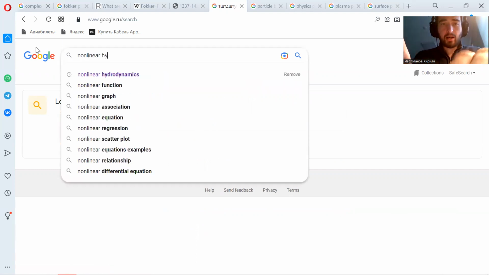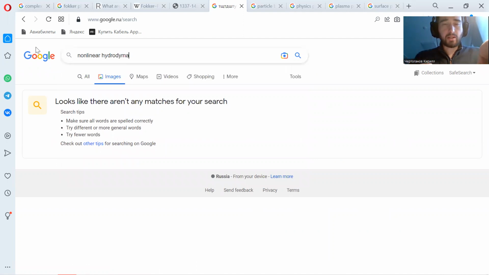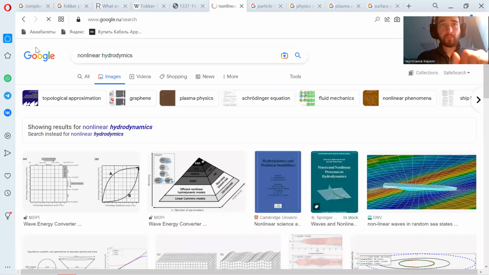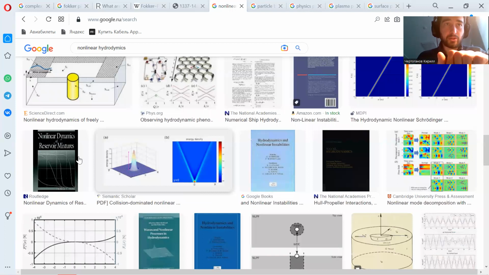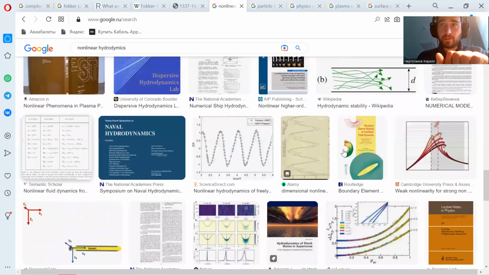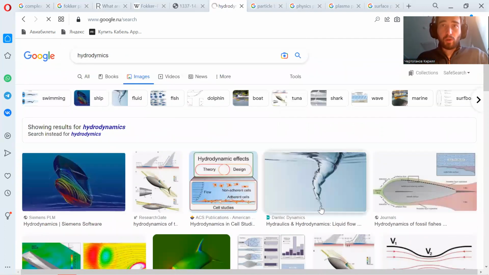Hydrodynamics is about water, so fluids changing over time.